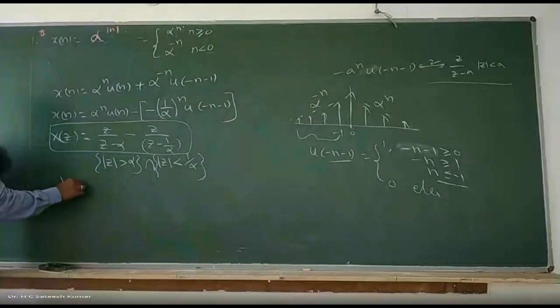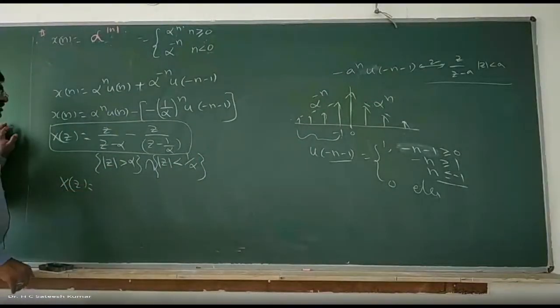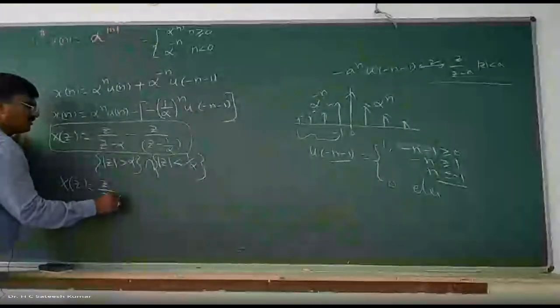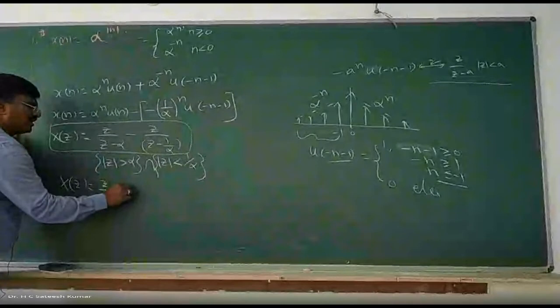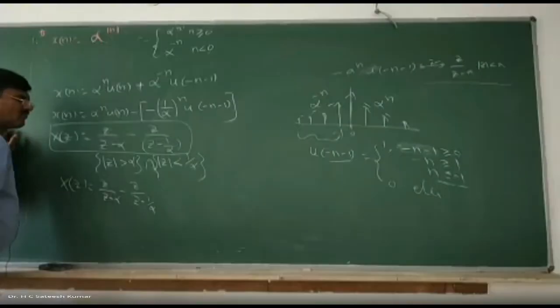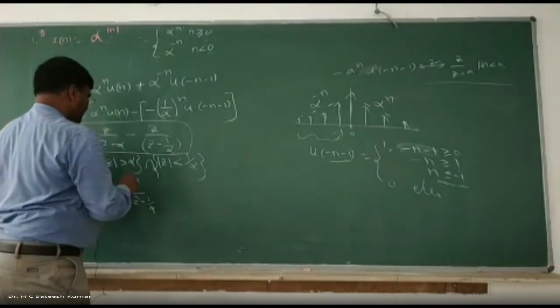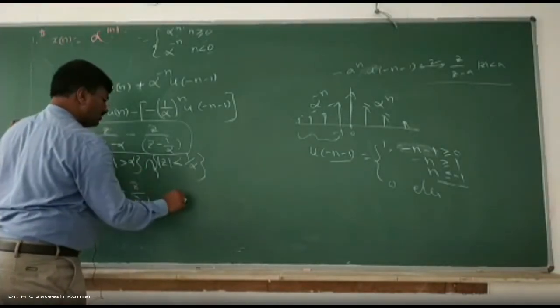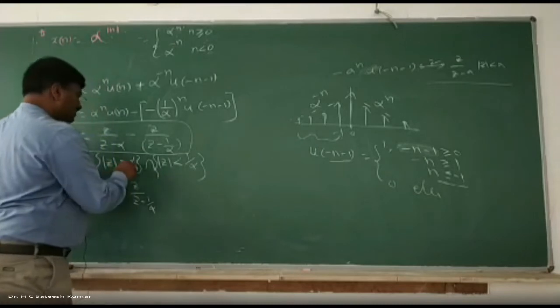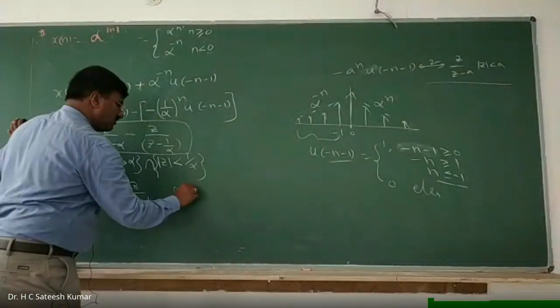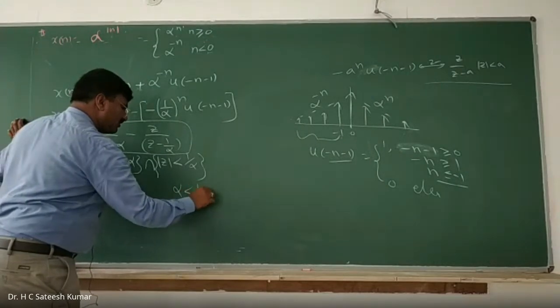X of z is equal to, no need to simplify this, keep it as it is, z divided by z minus alpha minus z divided by z minus 1 by alpha with ROC. So this you simplify. The first one, mod z is greater than alpha, means alpha is less than mod z, no? Alpha is less than mod z, we can write it.